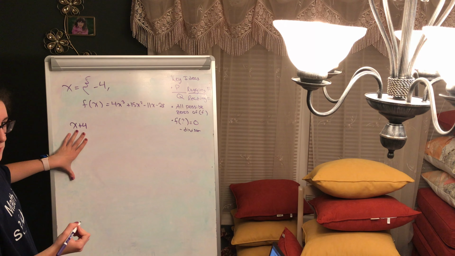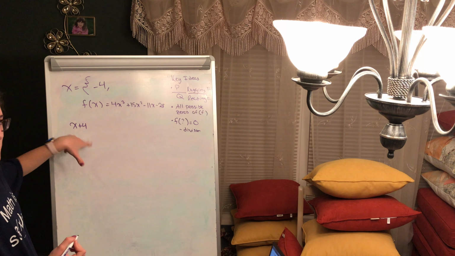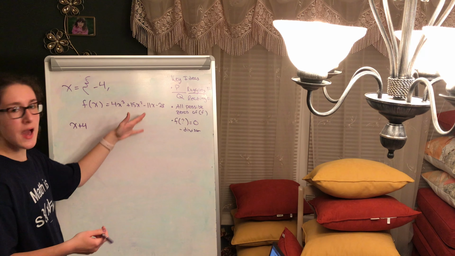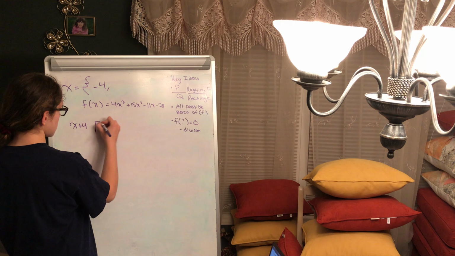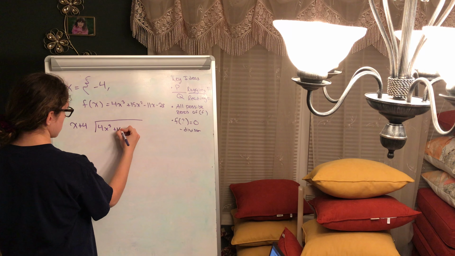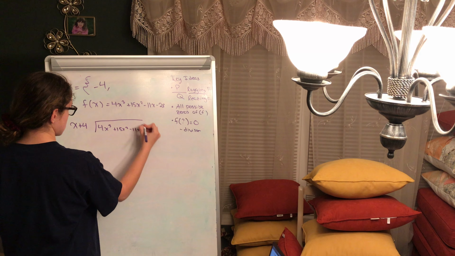So we're going to see x plus 4 times what is going to give us 4x cubed plus 15x squared, and so on. So let's put this in some long division form. Plus 15x squared minus 11x minus 28.